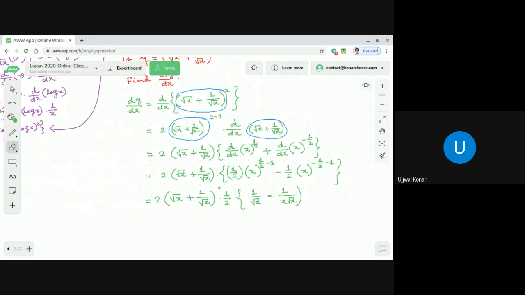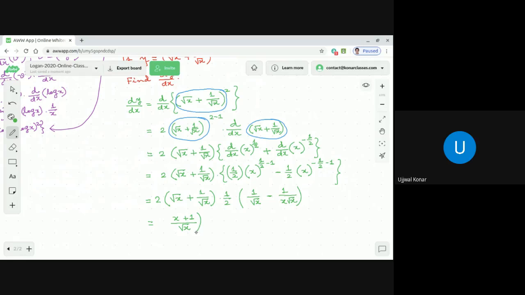So I got 1 by 2 root x minus. Let's see. Then we can take root x common. Here, 2 and 1 by 2 get cancelled, right? So root x into root x becomes x plus 1 by root x.